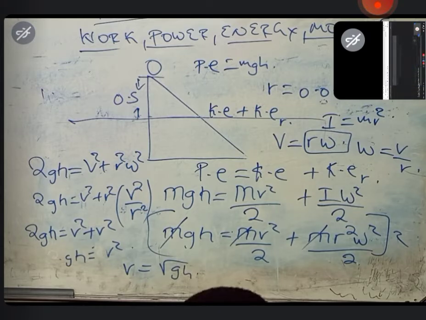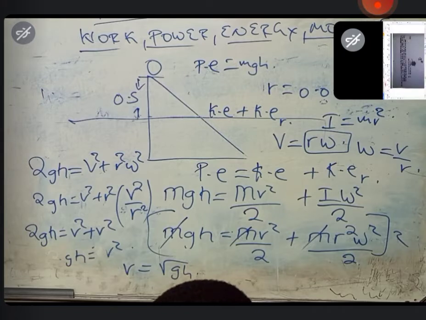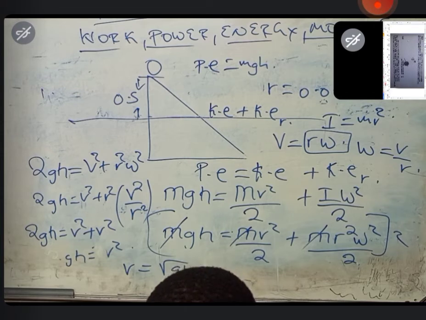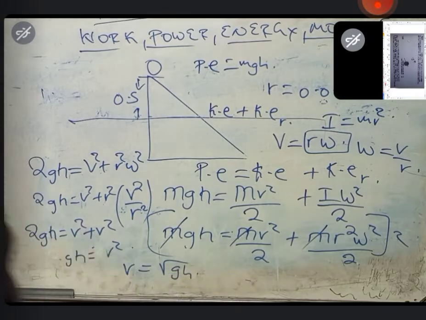Since the hoop does not reach the ground, it is just somewhere there. Is all potential energy converted to kinetic energy and rotational kinetic energy? Why have we not included it? Okay, good question.